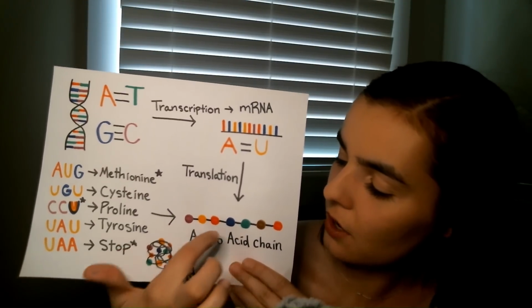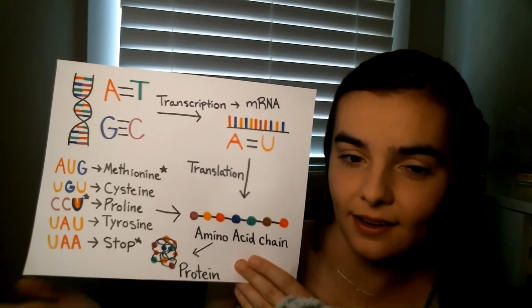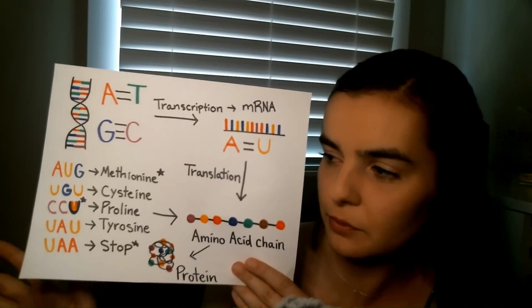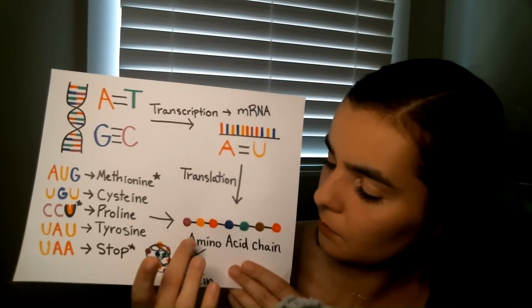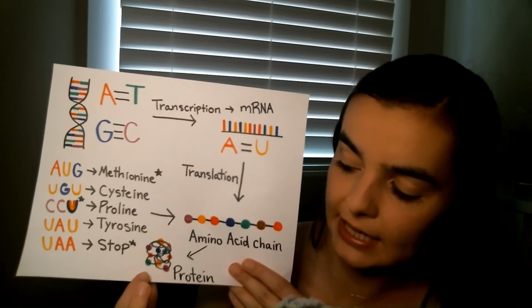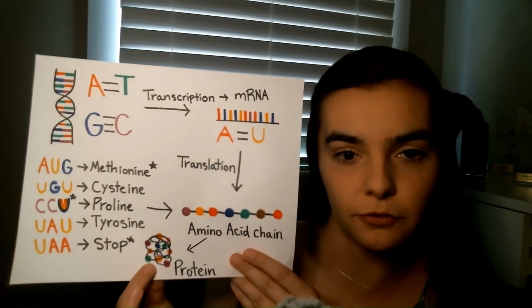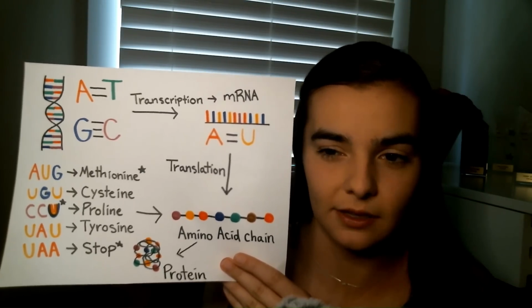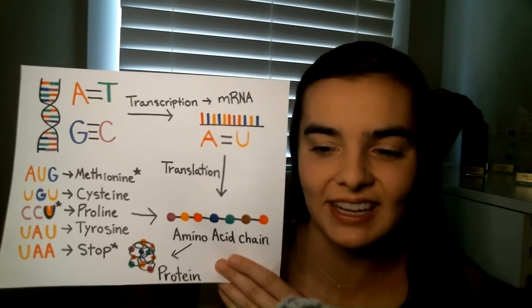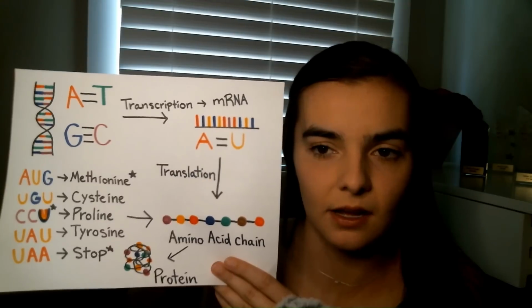So here I've just drawn an amino acid chain. It's kind of random. We'll go into a little bit more about that next. After the amino acid chain is formed, you form your mature protein, which is basically the folding up of the amino acid chains.